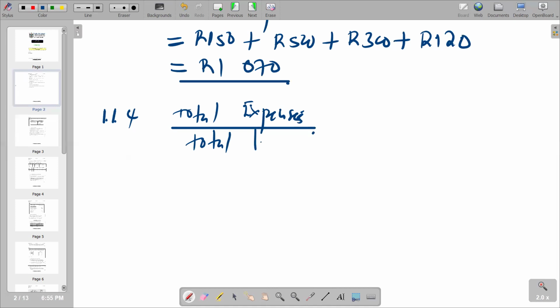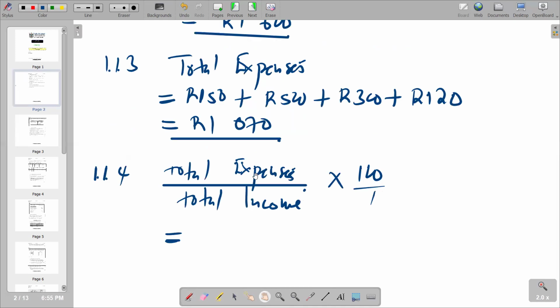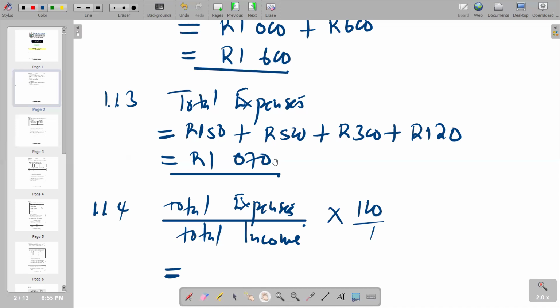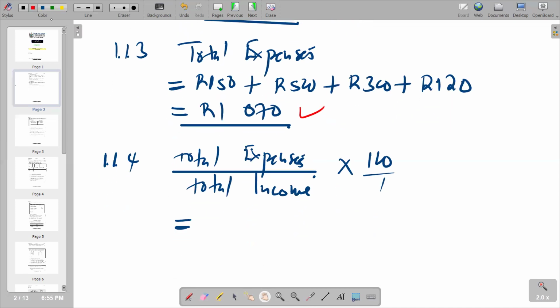Being your total income. Then we express it as a percentage, which means you're multiplying by 100 over 1. So we'll refer back and see what we have in terms of total expenses. Total expenses, remember, we've got 1,070 calculated here. Then we put 1,070 as our numerator.